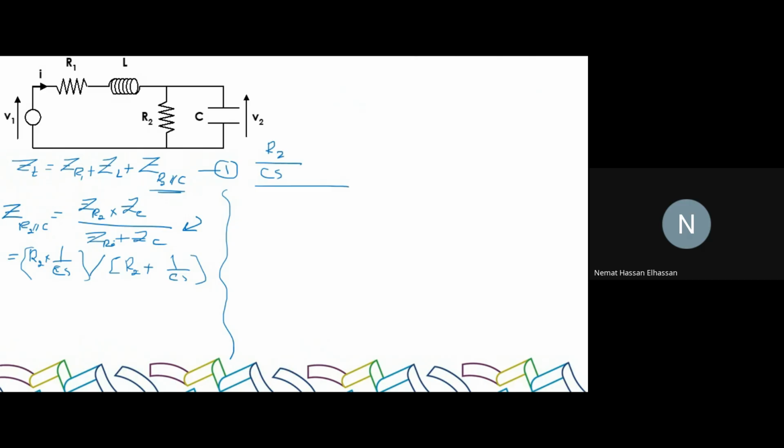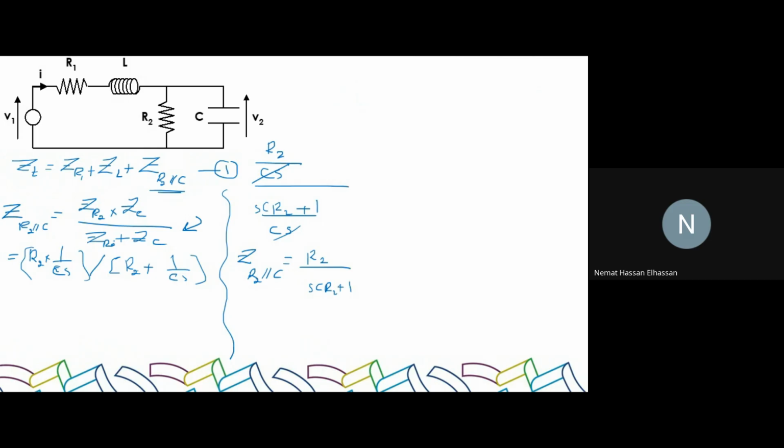I will unify the denominator here, so the common denominator is CS, and it will be SCR2 plus 1; these two will cancel each other out, and we can say that ZR2 parallel to C is equal to R2 over SCR2 plus 1.